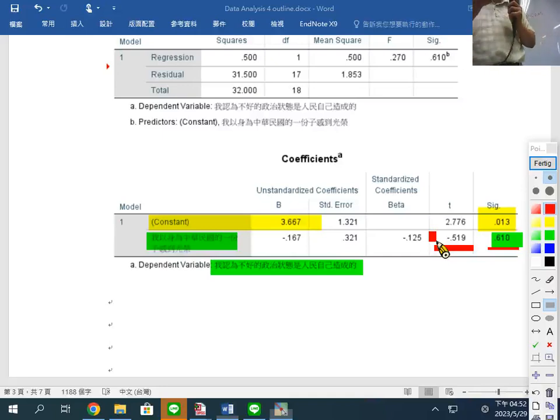P-value always comes out from a t-table, f-table, or chi-square table, always, no exception. There's always a number corresponding to the probability over there. Before the computer time, you had to check the t-table. But now you don't have to. You just look at the number and say, oh, okay, no relationship. And based on this, you can provide your statement.